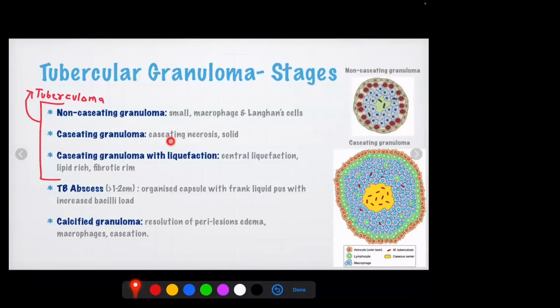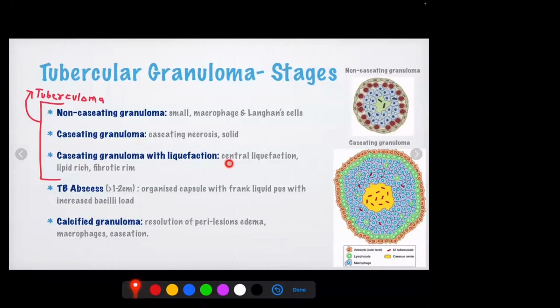Caseating necrosis is full of lipid content and consists of macrophages and giant cells rather than neutrophils.